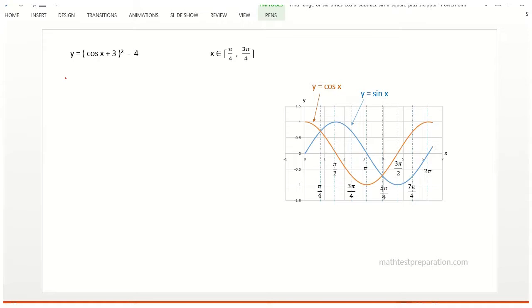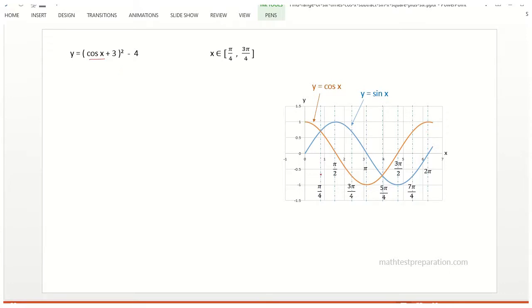The question asks for the range of the function when x is from quarter pi to 3/4 pi. The function has cosine x. We get this result. The result has cosine x. The orange curve is the cosine curve.